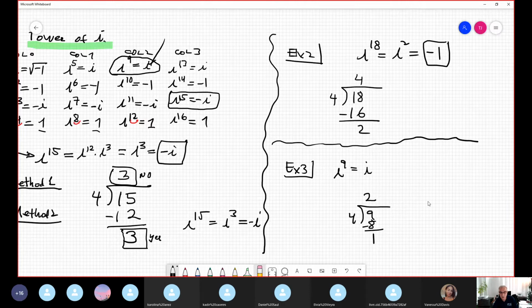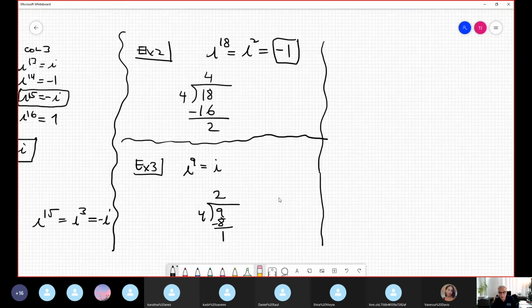Suppose the last example, and that part is easy. Example 4 of the power of I. Suppose I to the 20 power. Whoa, what answer do you expect? Oh, 20 is weird.